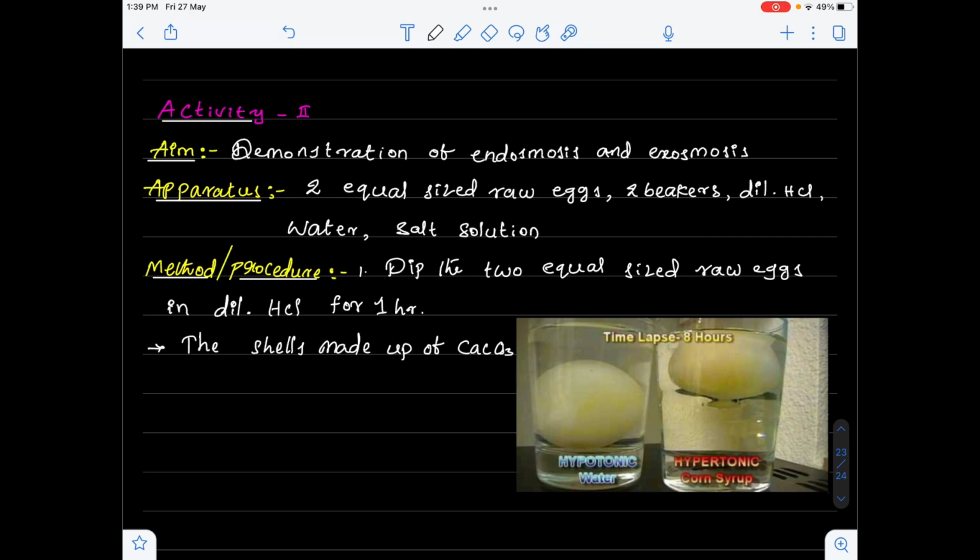They get dissolved when they are placed in dilute hydrochloric acid.